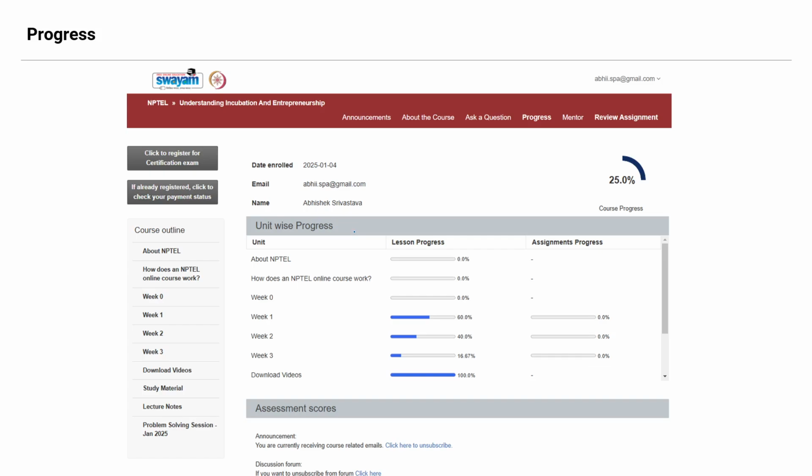The blue part indicates what you have already seen, and the gray or empty part represents the amount of content still not seen by you. Assessment scores: if you have been participating in the quizzes and the live assignment, you would have got some scores. The scores are available only when the deadline is over.